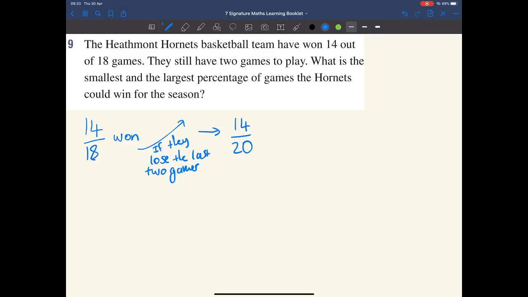That'll be 14 out of 20. Let's work that out as a percent. Times by 5 for both sides, and you'd get 70 out of 100, which equals 70%.